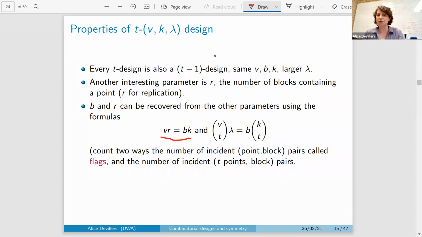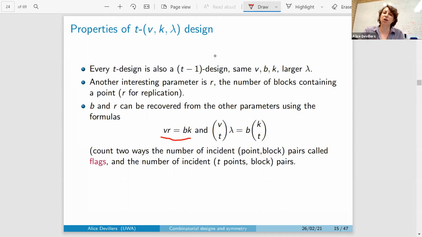You can either first count the points, and there's v of them, and then count the blocks that contain these points, and there's r of them, or you count the number of blocks, which is b, and how many points are on each block, which is k. So you get this identity here. And a point-block pair like this, I'm going to use this again, is called a flag. A flag is when you have a point and a block where the point belongs to the block.